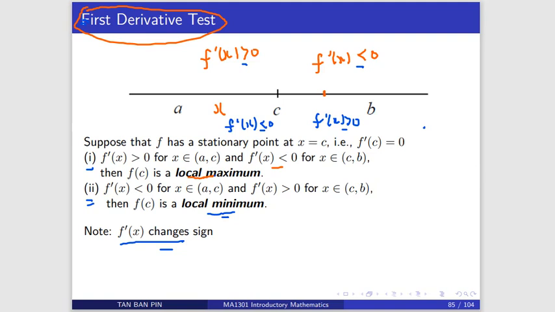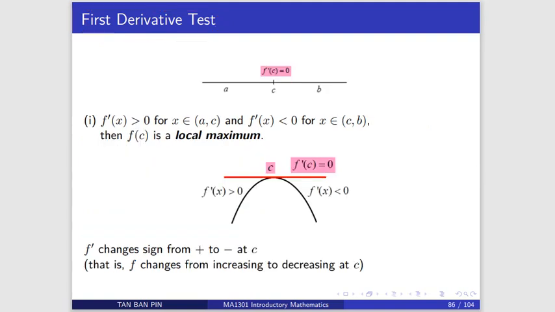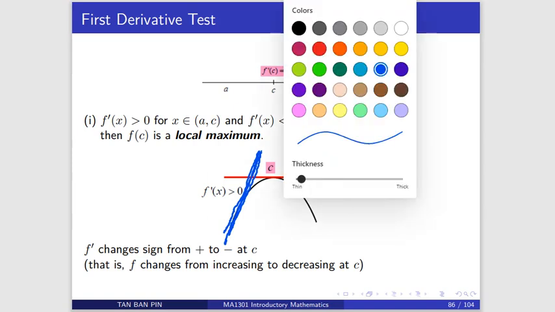So we look at why this is so. You'll find that if f prime is positive, you will have a positive gradient. The tangent line must have a positive gradient, so it must be something this way. Then if f prime is negative, it must be something the other way.